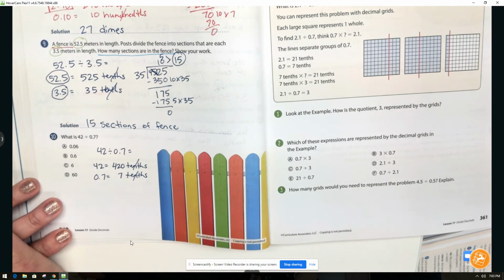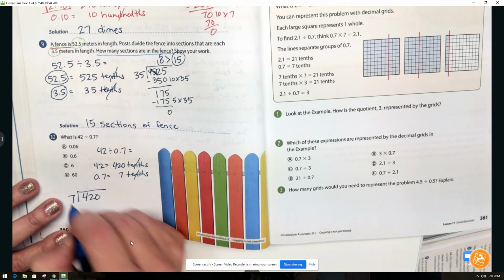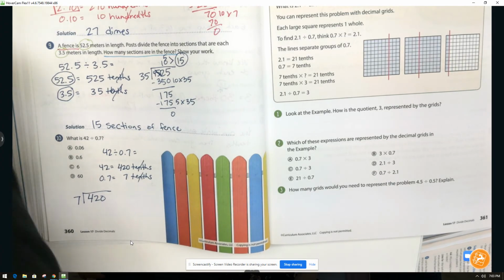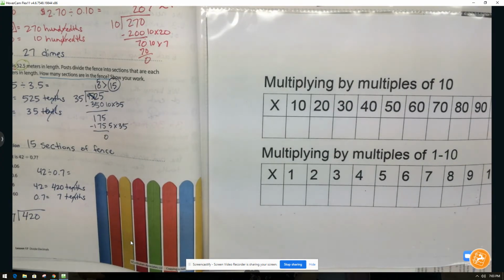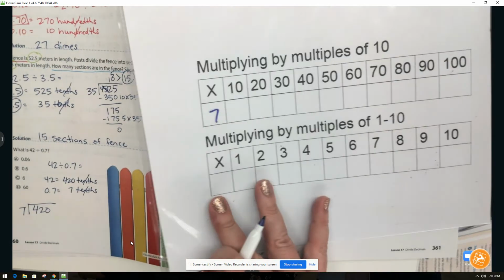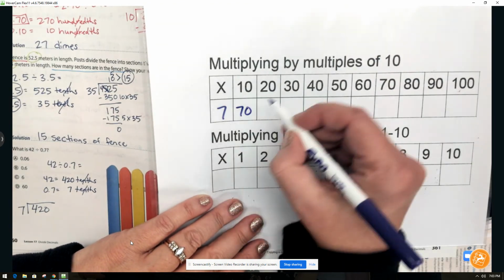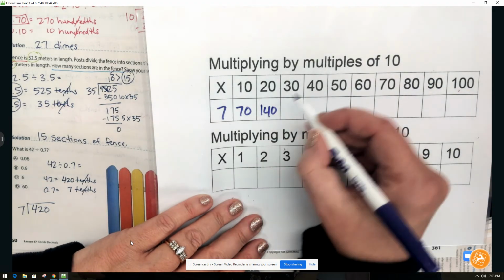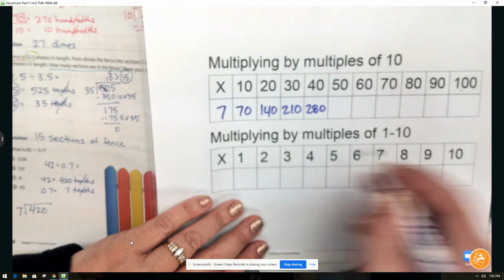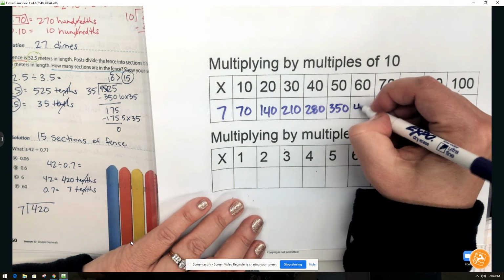Now that we have our tenths, remember, a tenth divided by a tenth, they do cross cancel. So what is 420 divided by 7? We can look at our multiples of 10 chart and fill it out. How many multiples of 10 does 7 go into 420 without going over? 7 times 10 is 70. 7 times 20 is 140. 7 times 30 is 210. 7 times 40 is 280. 7 times 50 is 350. 7 times 60 is 420.